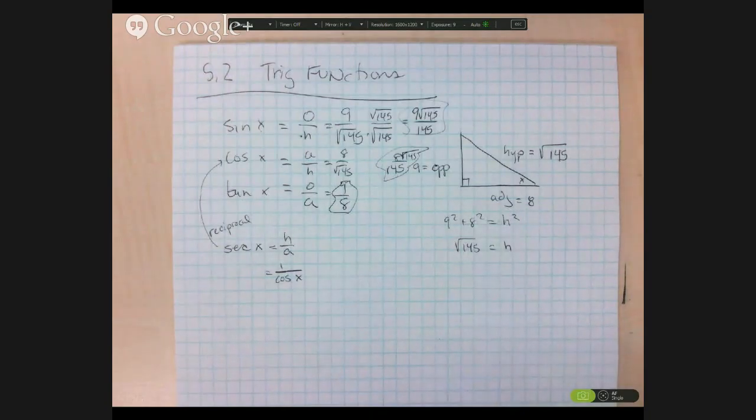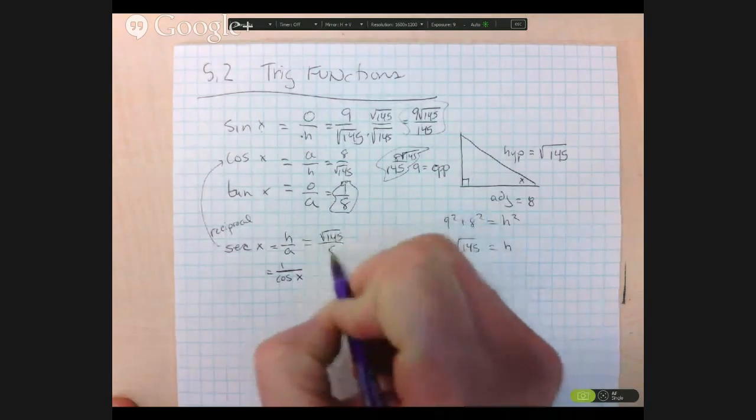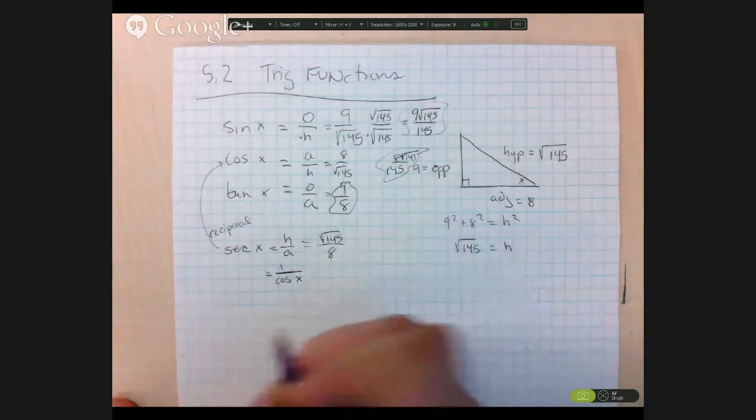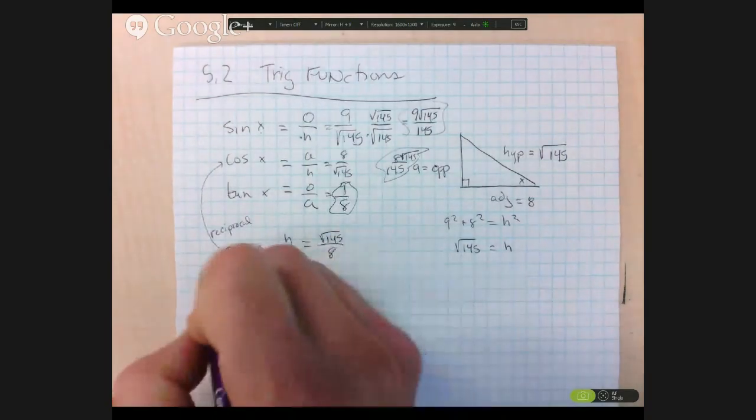H over A. Okay, now cosecant. I should probably write these out. This is secant.